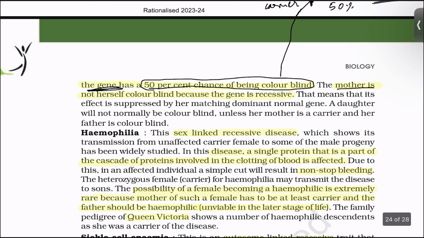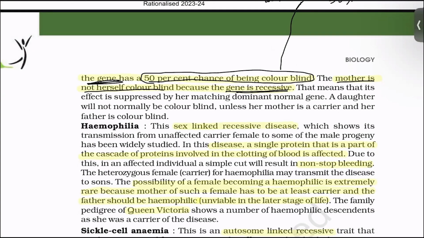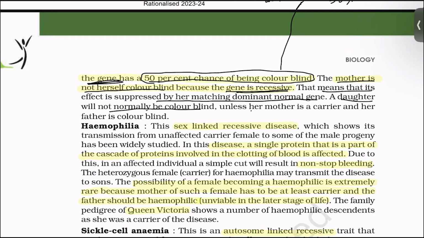The mother is not herself colorblind because the gene is recessive and the mother is a carrier. It means the mother has a heterologous genotype, and its effect is suppressed by her matching dominant normal gene. So a daughter will not normally be colorblind unless her mother is a carrier and her father is colorblind.